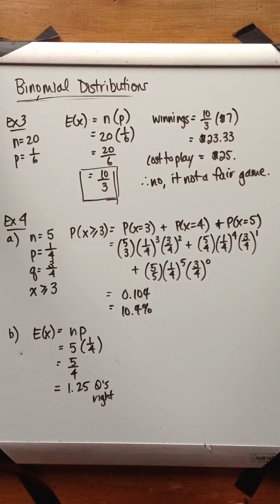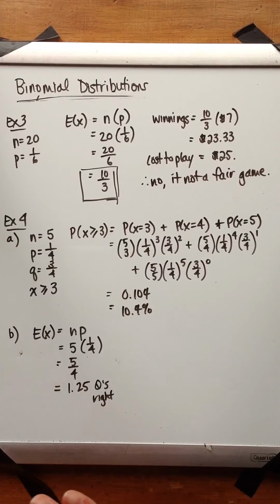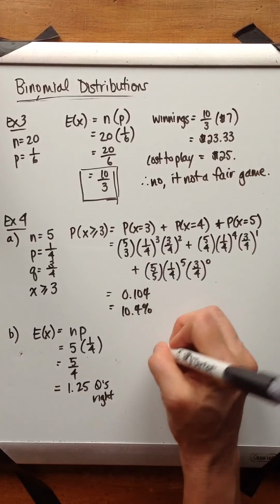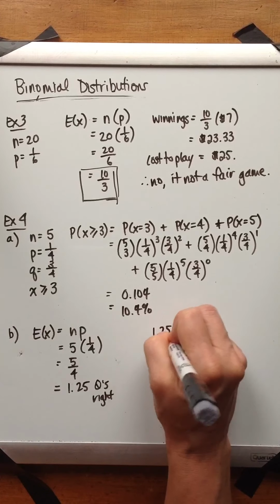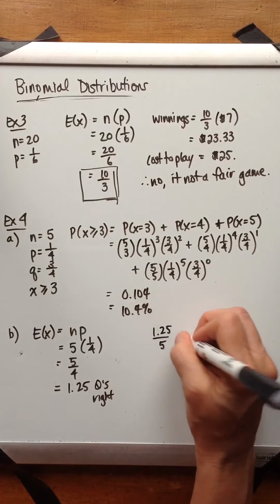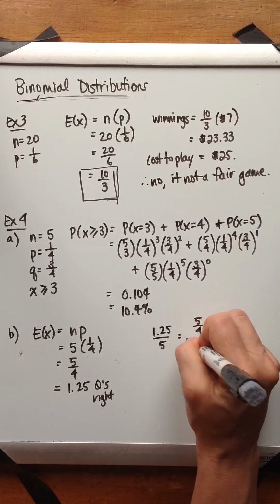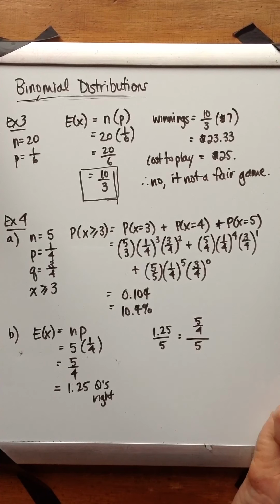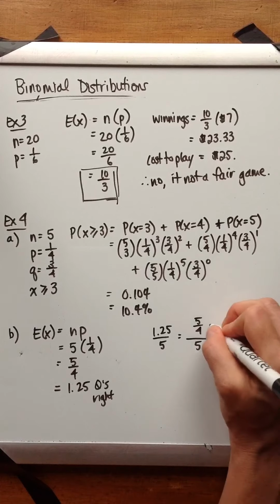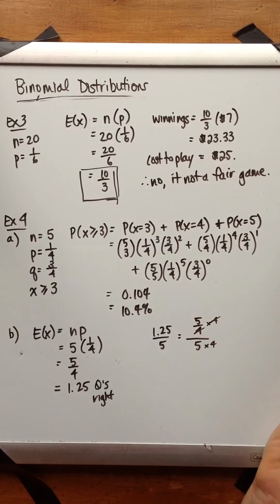Maybe, if you don't want it to be a decimal, could we put this into the next sort of highest ratio that has integer values? So maybe you could think of it as 1.25 out of 5. Or maybe you think of 1.25 as being 5/4. Now I know dividing a fraction by another number looks kind of funny, but what if we multiply top and bottom each by 4 to get rid of this denominator?